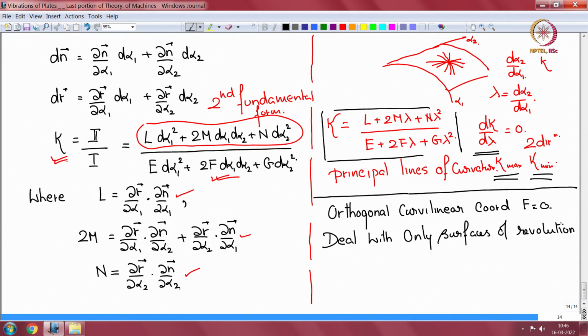Which means for these surfaces of revolution, M will be 0.